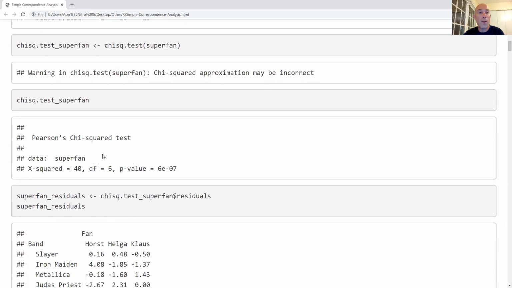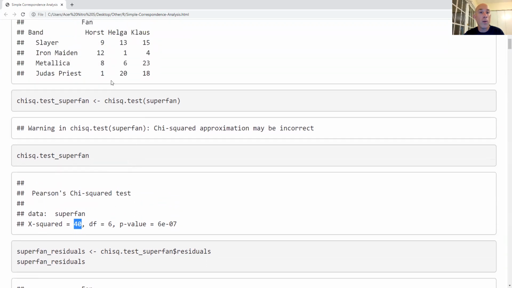All right, so let's go ahead and actually just run the chi-square test. Let's take a look. Okay, so my test statistic is 40. That's going to be pretty big. Here my degrees of freedom is going to be 4 minus 1, 3, times 3 minus 1, 2, so 2 times 3 is 6.